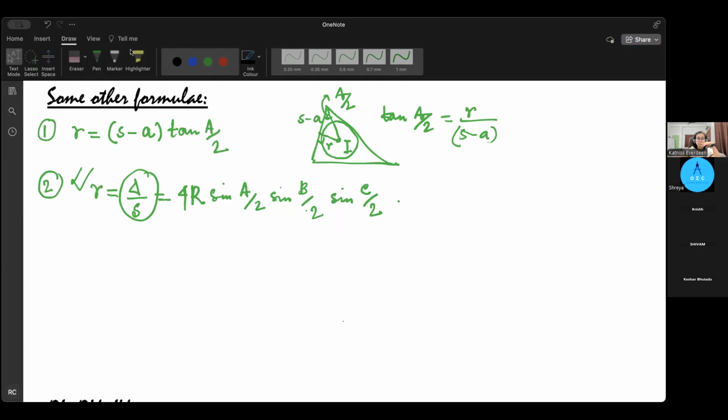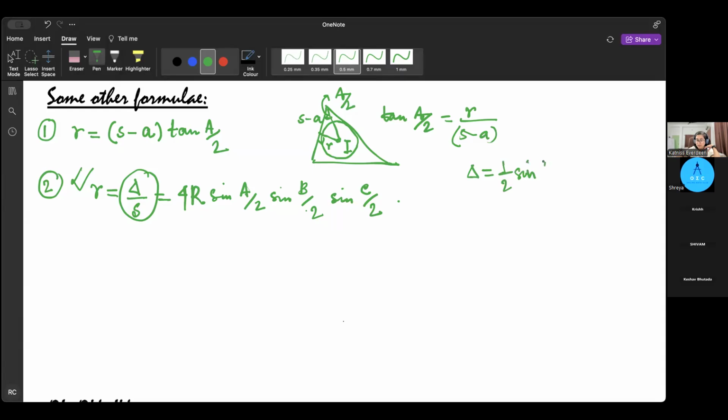The delta has a representation with sine A and something else, right? There was an area formula for triangles, I think, like that. Are you talking about half AB sine A?